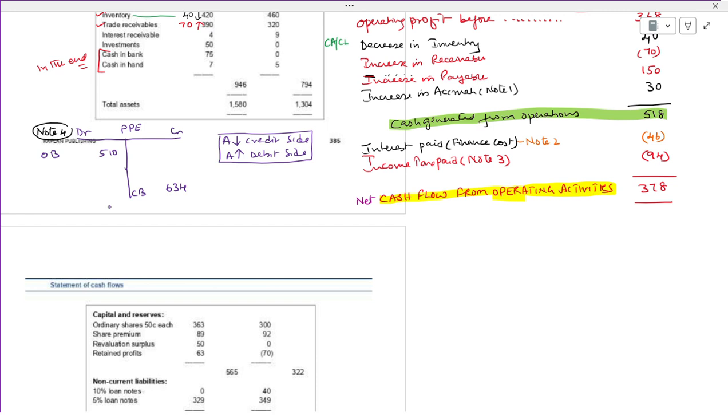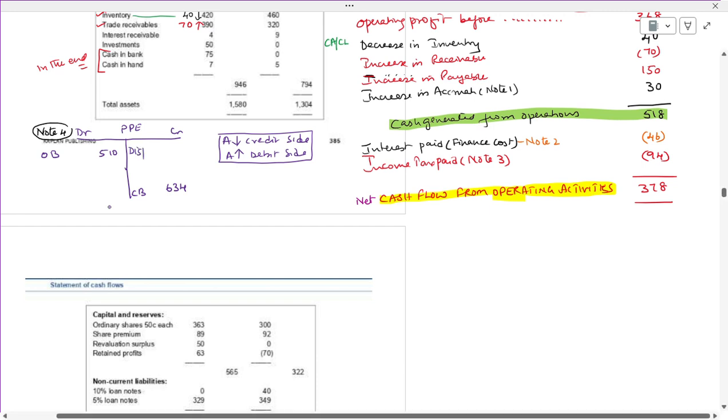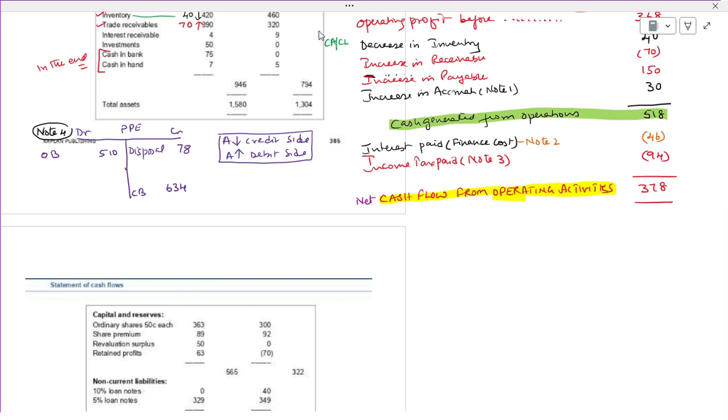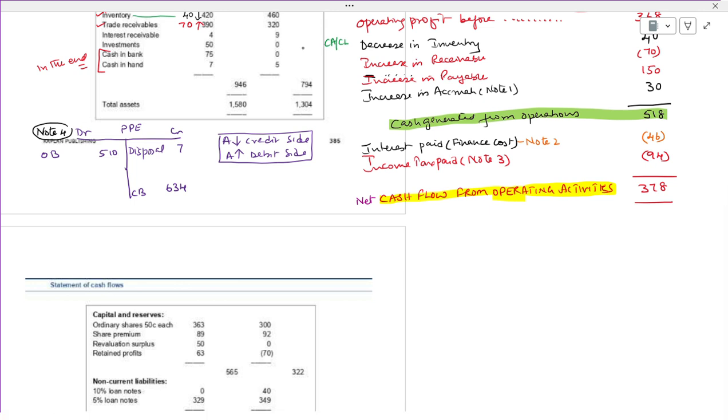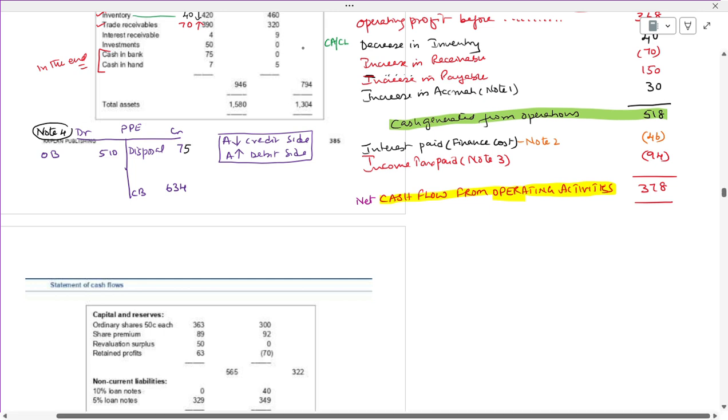You have sold the asset, a disposal. We take only the carrying amount. How much is the carrying amount? 75. Next, depreciation.